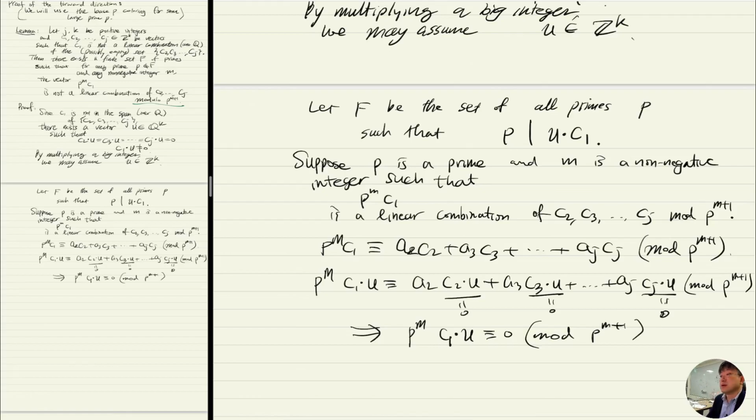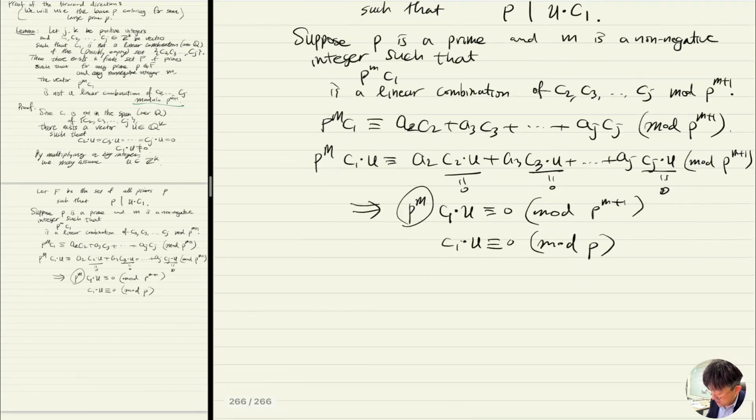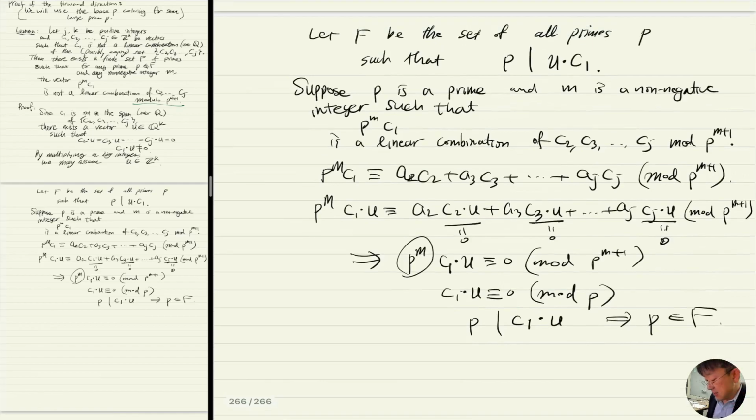But now I can divide by p to the m. So what you have is C1 dot u is 0 modulo p. So p divides C1 dot u, so p is in F. That means any such exceptional primes are in the set F, but the set of all primes dividing u dot C1 is finite.